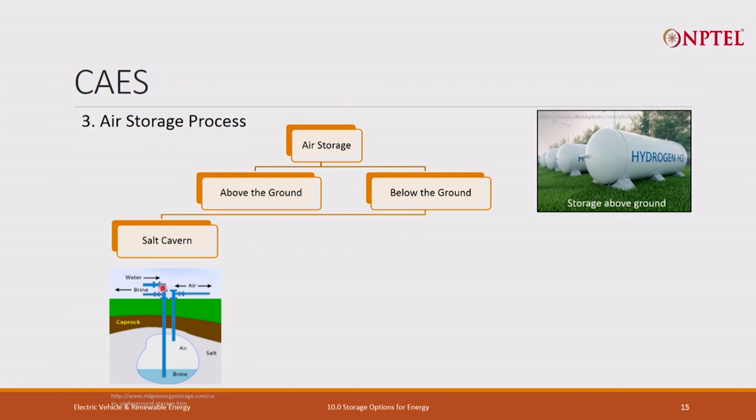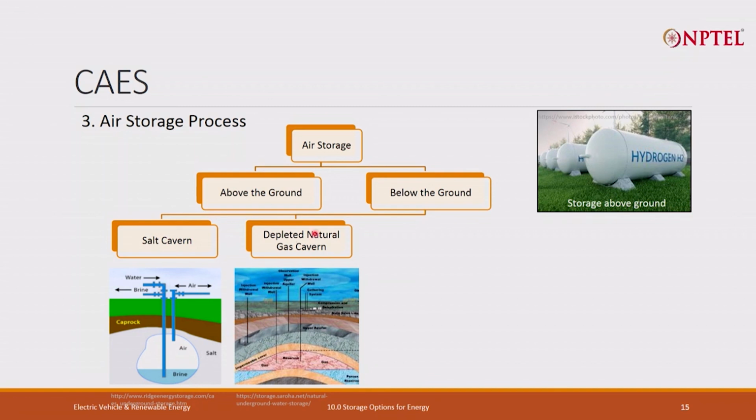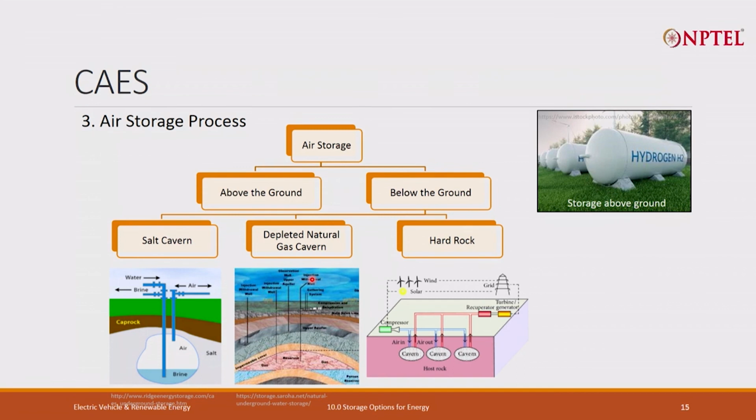When you take out the oil, you are left with a big pit available there. So those things can be utilized. Depleted natural gas caverns, then hard rock, all those things are naturally available to you, which have already been used and now their waste can be used.